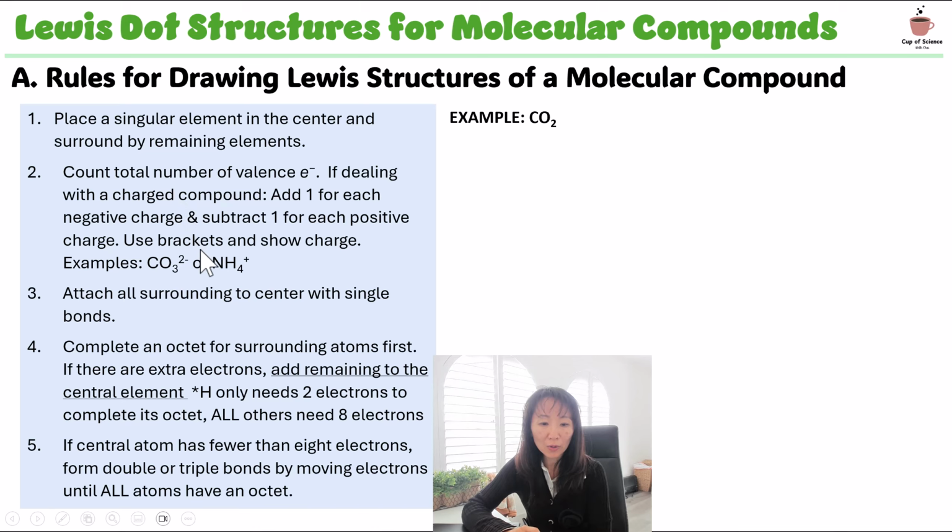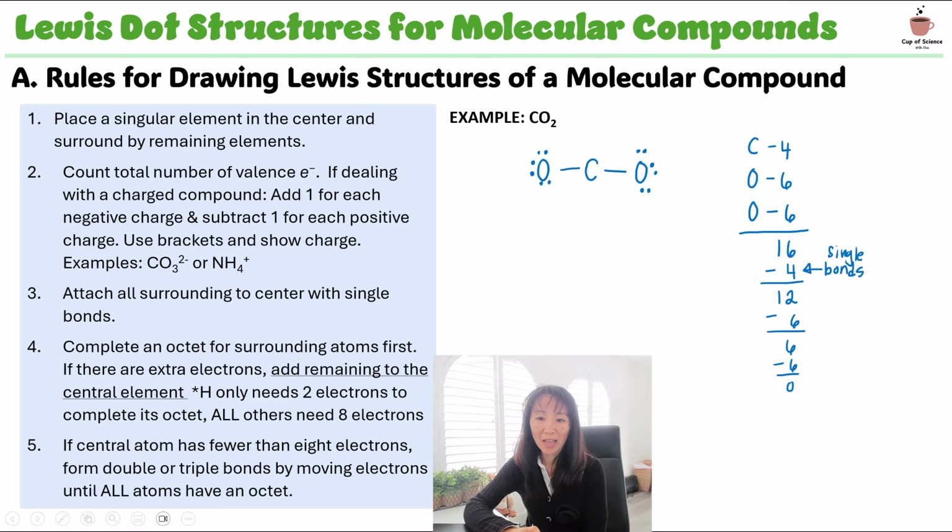Go ahead all the way up to number 4, complete an octet for the surrounding atom first, up to right there. And then I'll meet you right there, and then we'll go on from that point together. So you're probably right here, where you have completed the octet for the surrounding atoms first. We're left with 0.